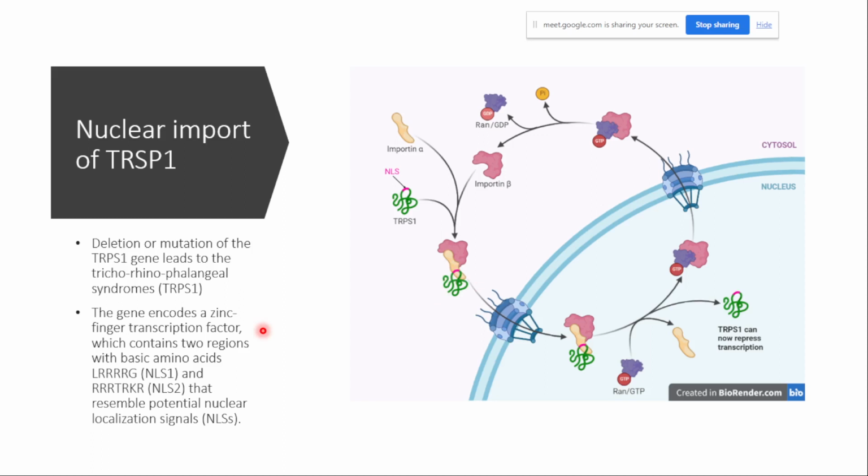What I prefer is this: if you want to clone a gene for transporting to the nucleus, then you have to give an NLS, right? To import the NLS, you have to do some trial and error.